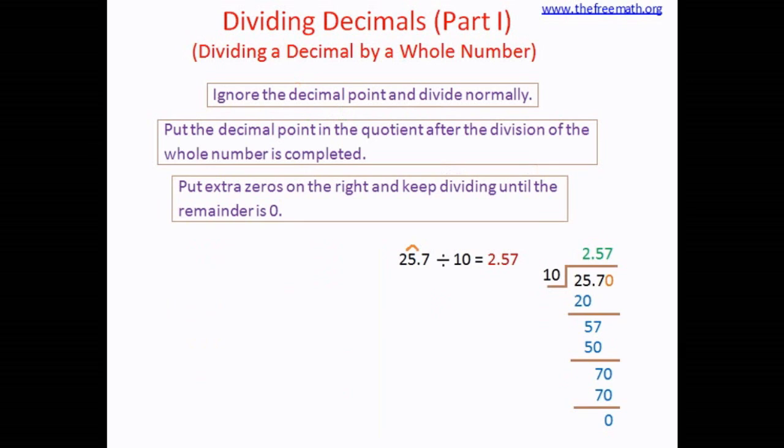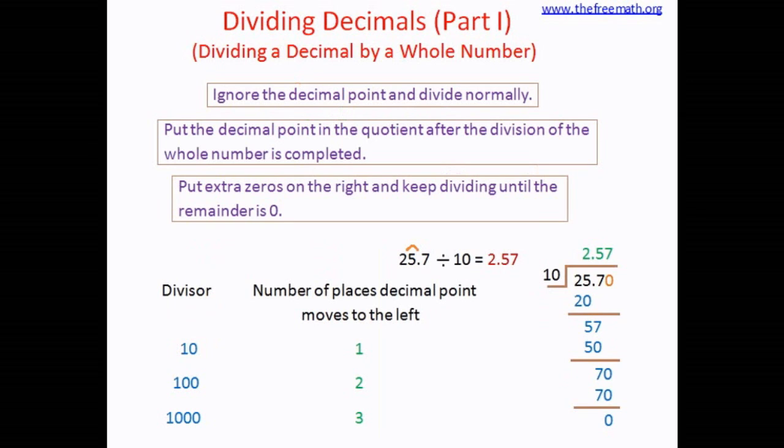In case of division, it is exactly opposite. When you divide by 10, 100, 1000, 10,000 and so on, the decimal point keeps shifting to the left. And however many zeros are there after 1, the decimal point shifts that many places to the left.